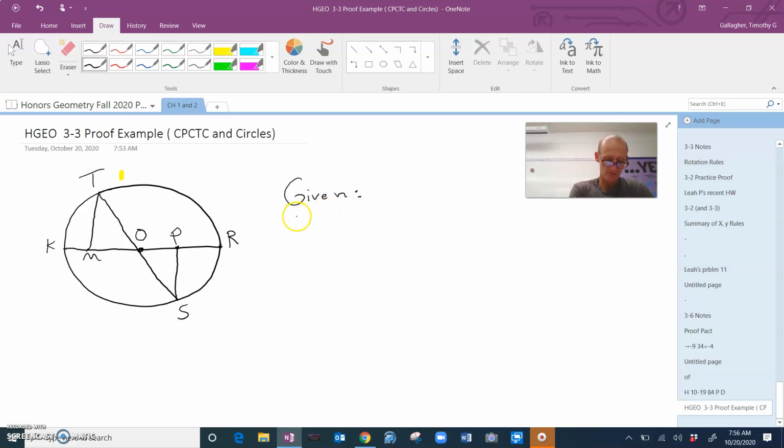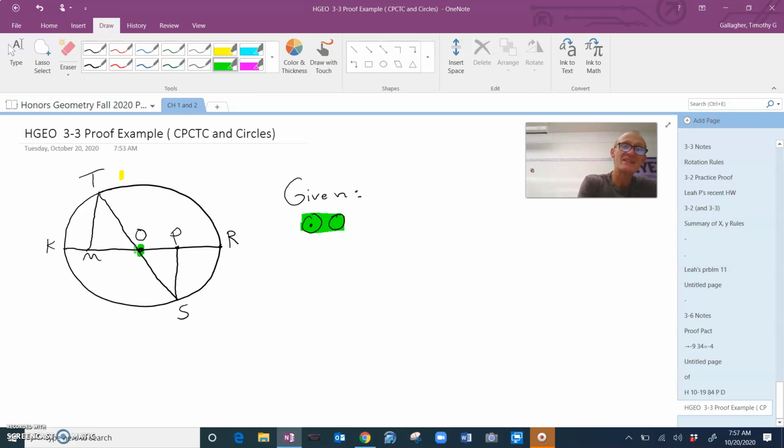You're given two things, or three. One of them is you have a circle with the center at O. Now, what this means is, if you have a circle with a center, there's the center.